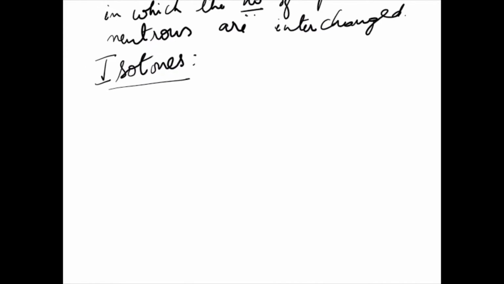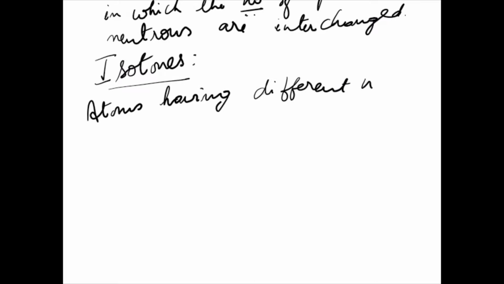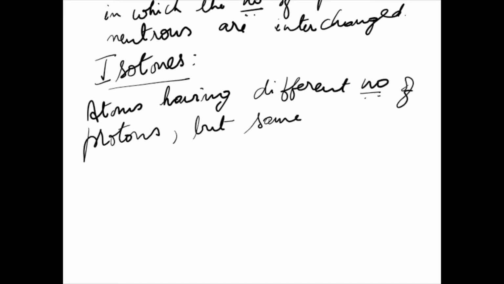Isotones are atoms having different number of protons but same number of neutrons.